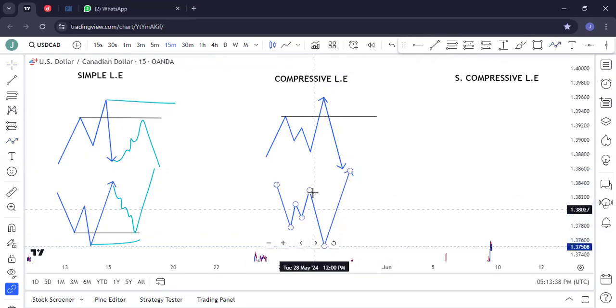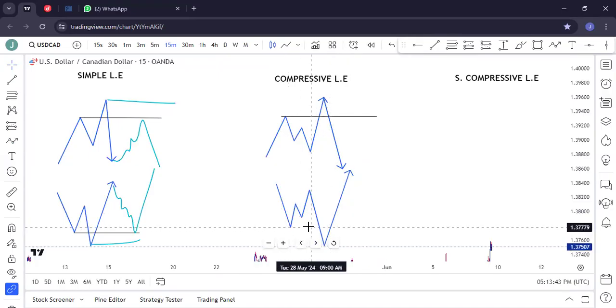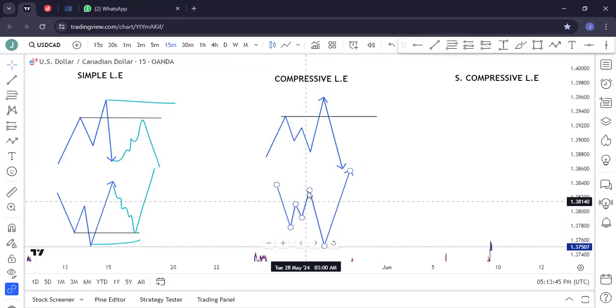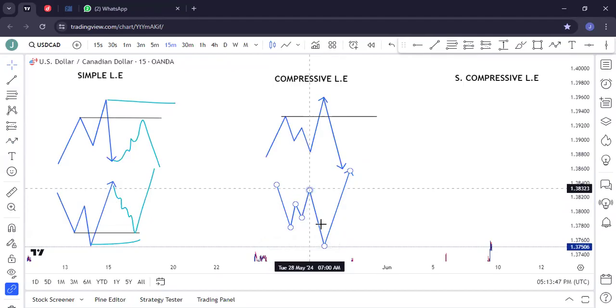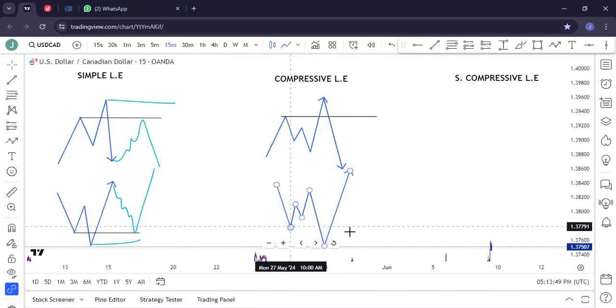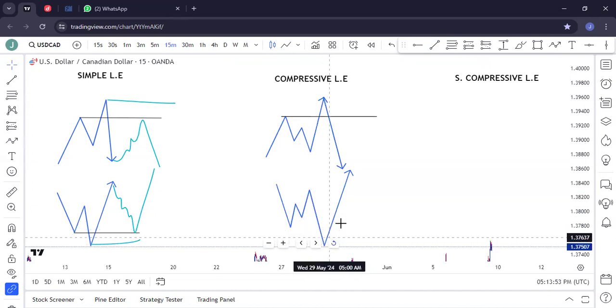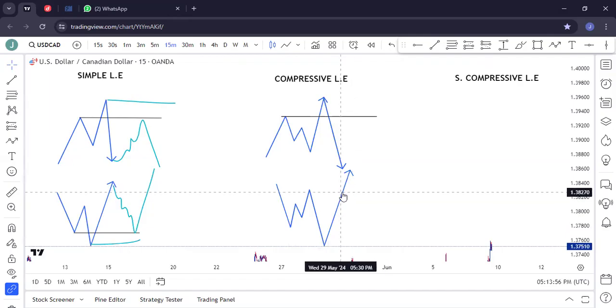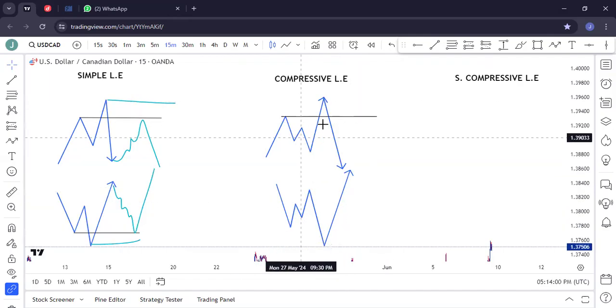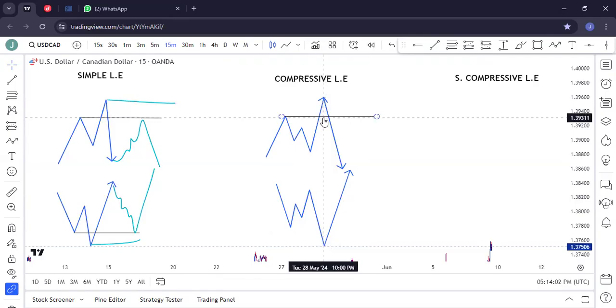So before the market comes to break this low, it created a small bullish movement, then it comes to break this low. After this break of structure, the market comes and changes the character here. So this is the second type we call compressive liquidity engineering.